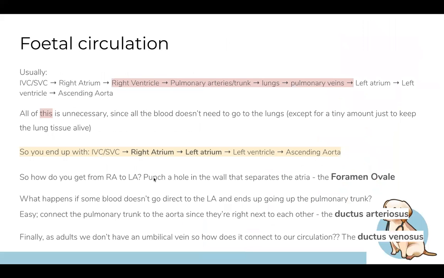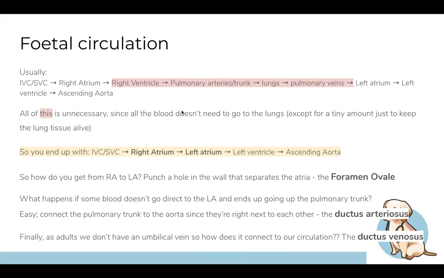Your fetal circulation is a lot different to your adult circulation. Usually IVC to SVC go to the right atrium, to the right ventricle, to the pulmonary arteries, etc. But all of this highlighted bit where it goes to the lungs, you don't need it. You don't need lungs much when you're a fetus in a womb.